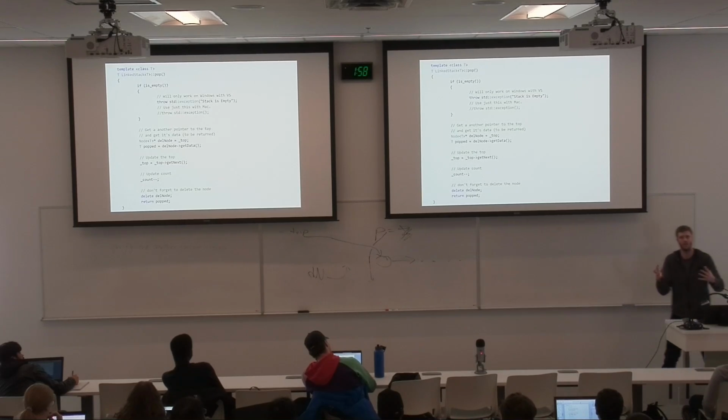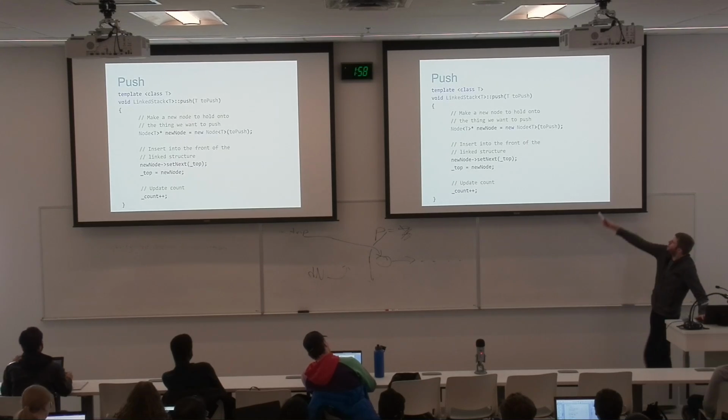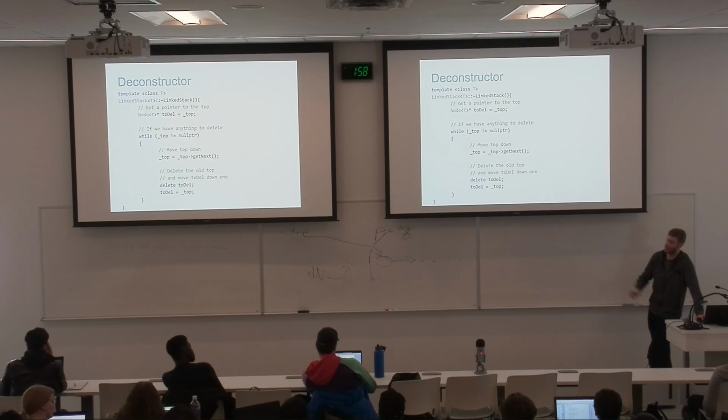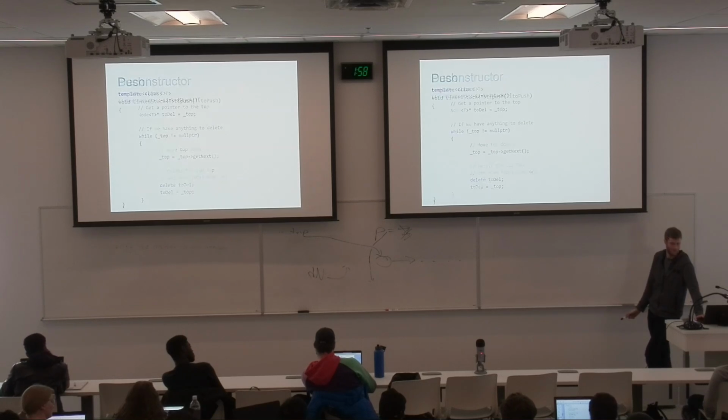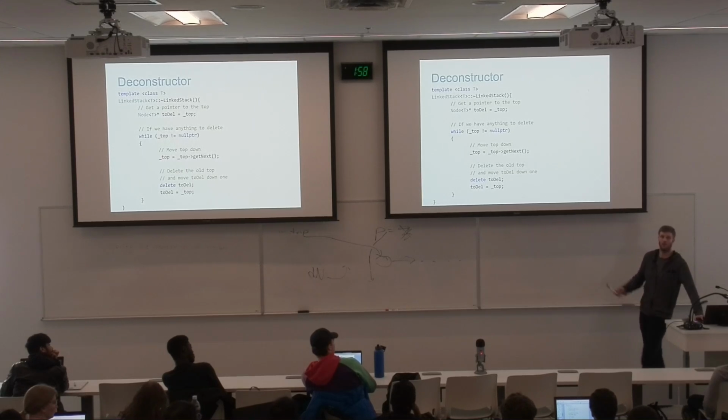Let's go back to push real quick. Every time we created a new node there, within that stack class, we're going to want to delete it in the destructor like we did here. We went through and deleted it all. But not the data, because the stack class is not the one responsible for the contents. It's responsible for managing its own stuff.